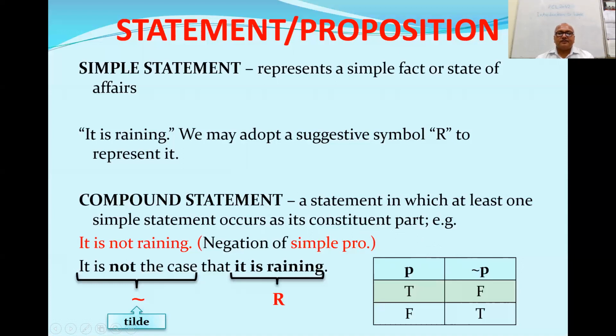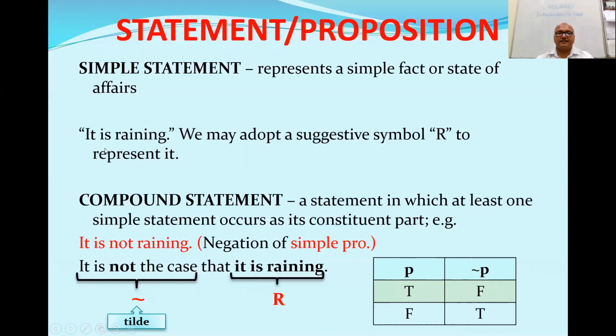And to represent the truth value of any statement, we make a table. This is called a truth table because it represents the possibilities of truth value associated with any statement. So suppose P is a simple statement and negation P is the denial of the simple statement. If a simple statement is true, therefore its denial is false.